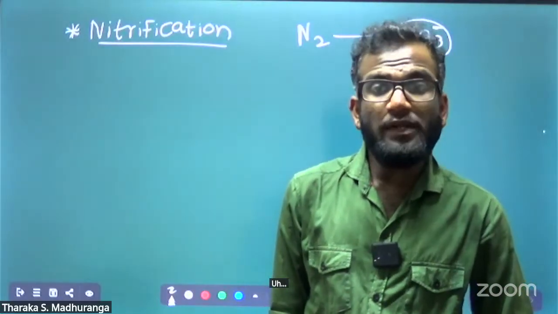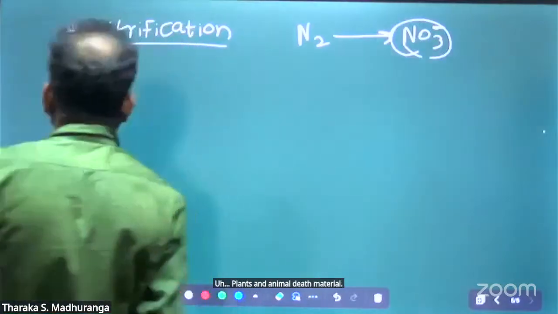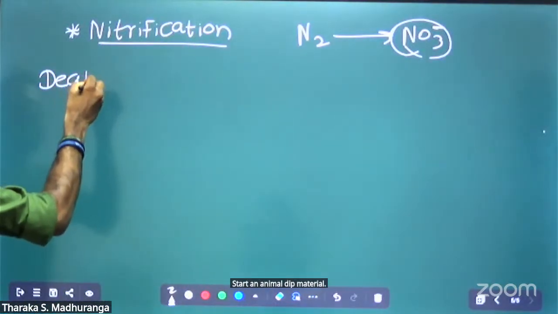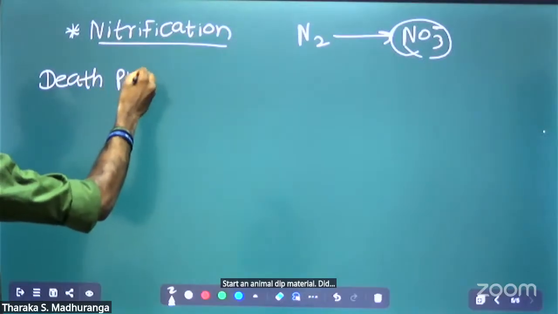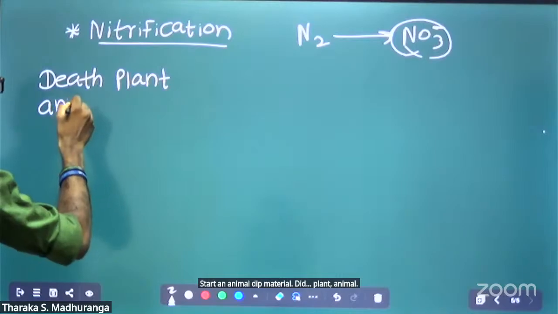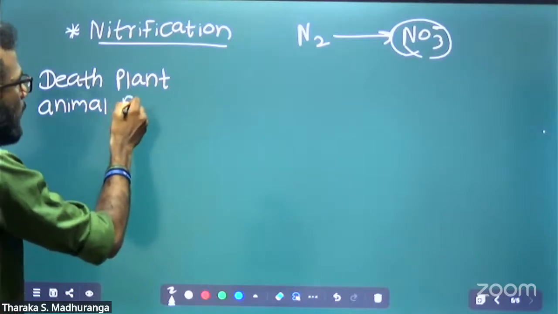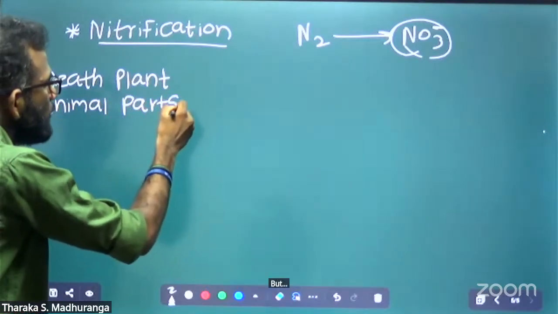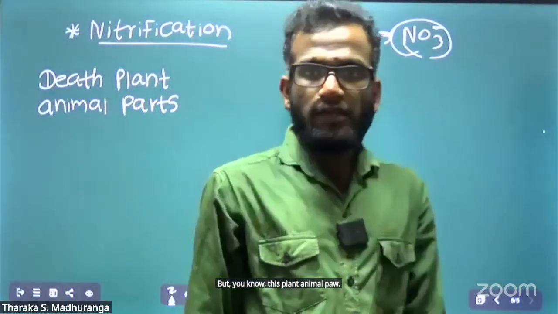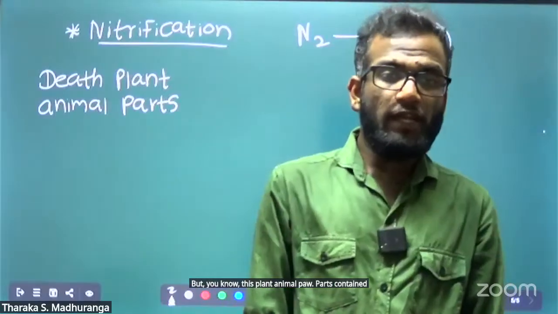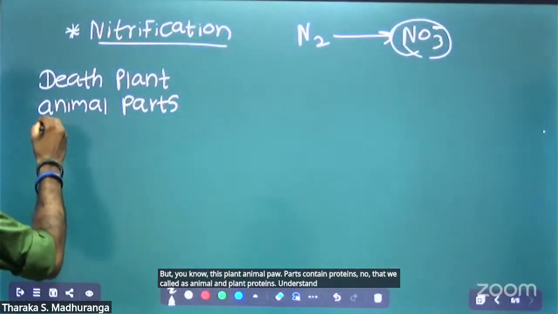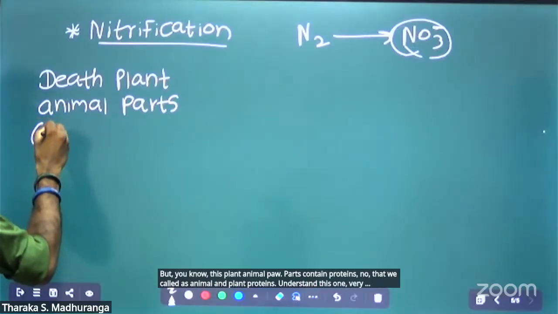plant and animal dead material. Dead plant and animal parts contain proteins, that we call animal and plant proteins. Understand this one, very important.